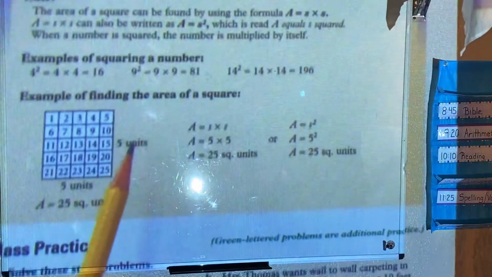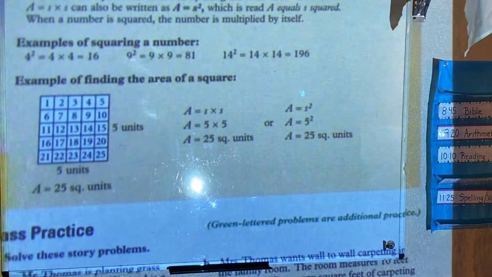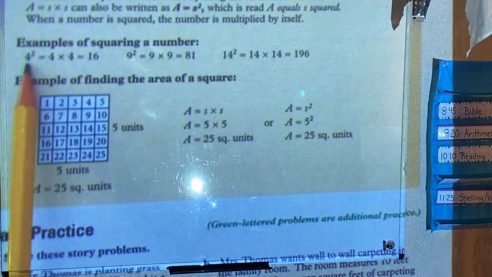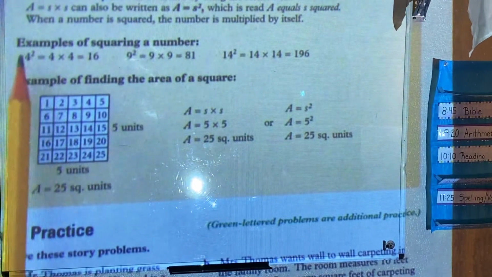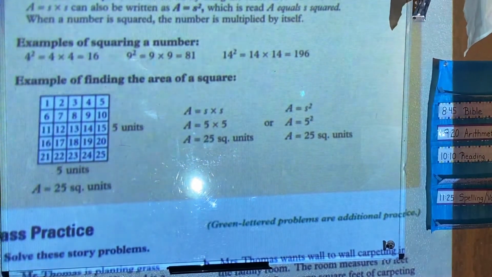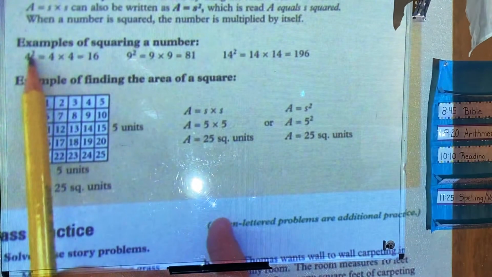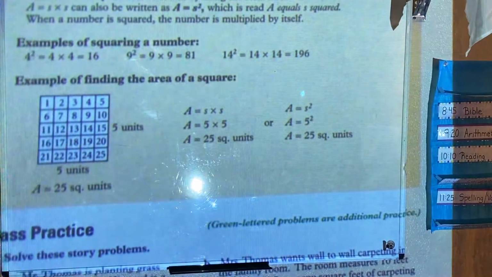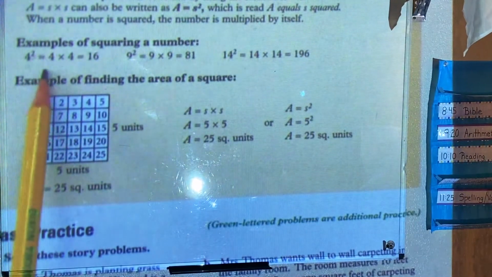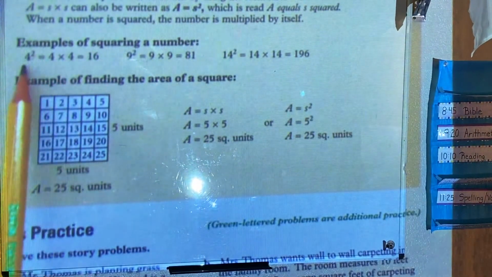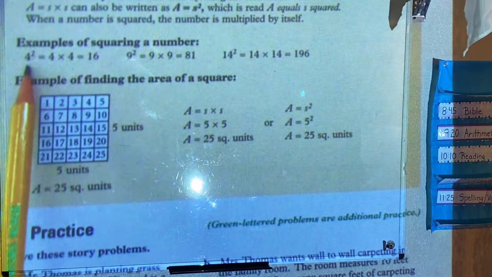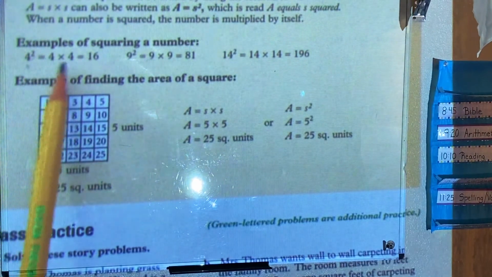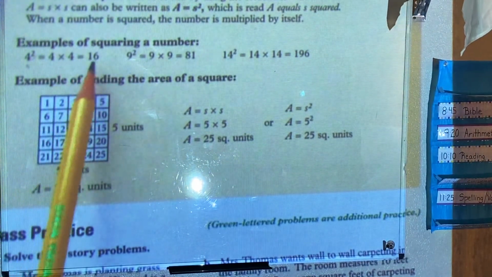So let's look at this. Please pay attention so that you can know how to do this. I have 4 squared. The small 2 means that the number is squared. We use the word squared. So 4 squared equals 4 times 4 because we're multiplying that number by itself. 4 times 4 gives us 16.